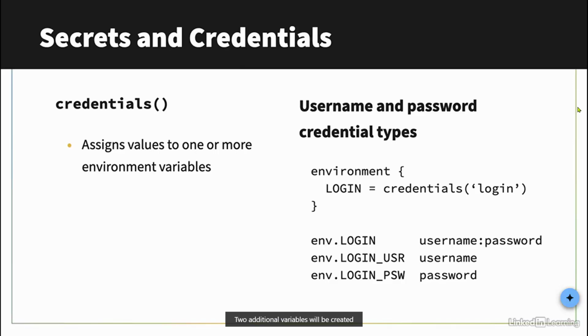Two additional variables will be created using the variable name followed by an underscore and either USR or PSW. These variables will contain the username and password respectively. This method keeps pipeline developers from having to create their own functions for parsing usernames and passwords over and over again.